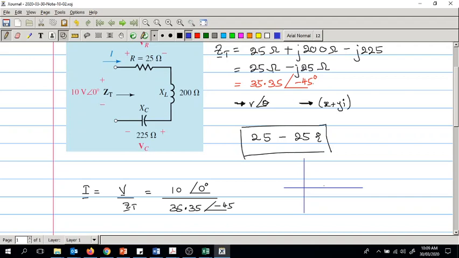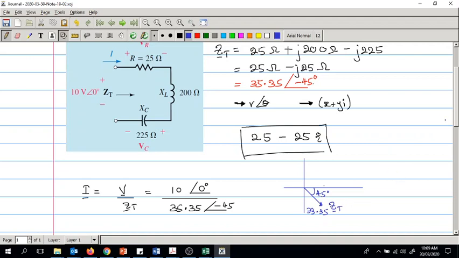The angle is minus 45, so 45 degrees, and the magnitude is 35.35, right?